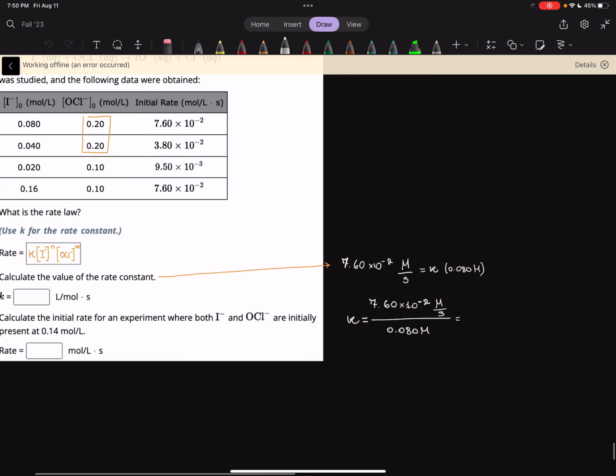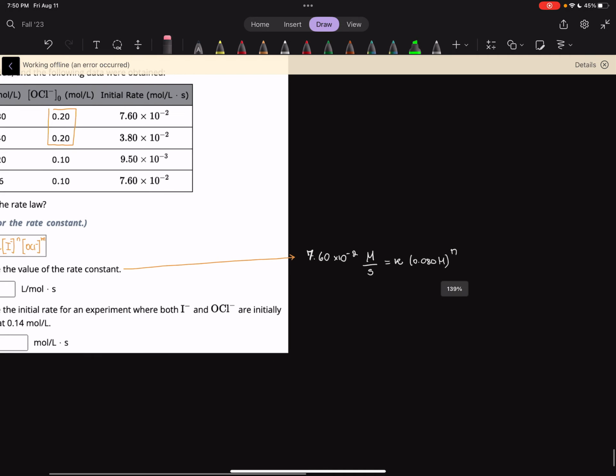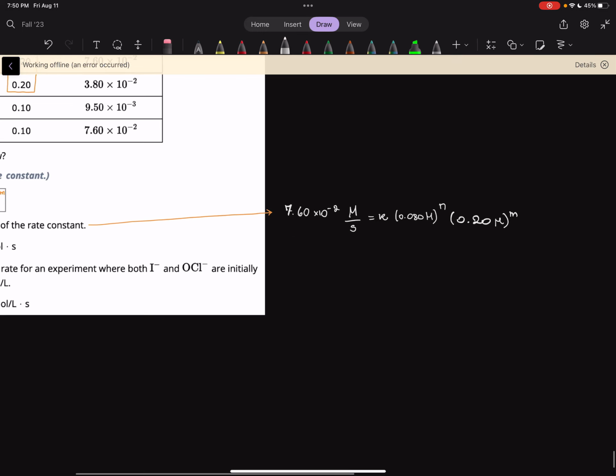However, our rate law is not exactly like that. There's an n here, and so we can't just willy-nilly do what we did. And then there's going to be a 0.20 molarity to the m. Okay? So actually, I do want to write it because I think I'm skipping steps and then I'm writing things that are not necessarily correct.